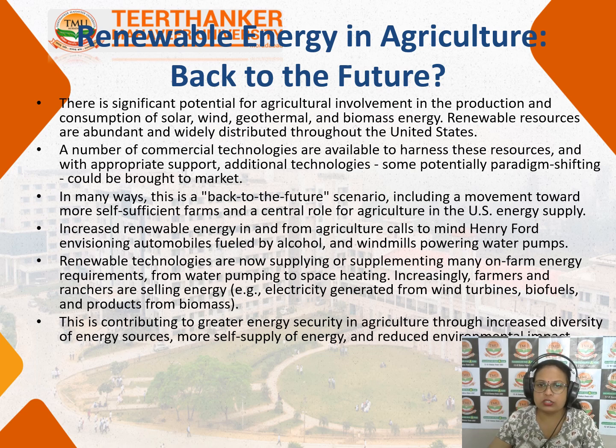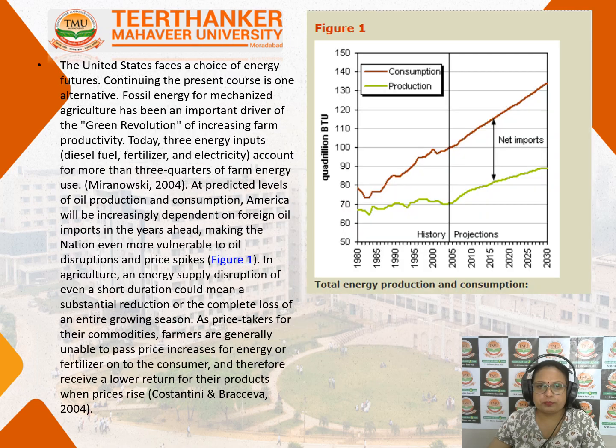Renewable energy in agriculture. If we consider the case of the United States of America, they have seen that automobiles can be fueled with the help of biofuel, and wind power can increase the production. Here in this graph, they have shown how much total energy production and consumption there is in the US.